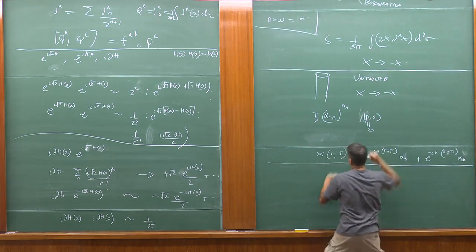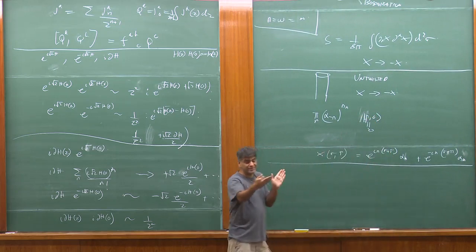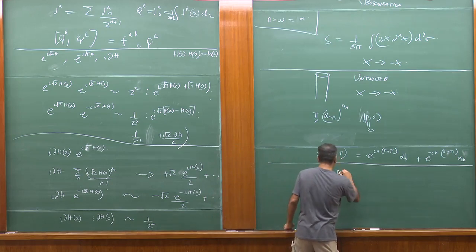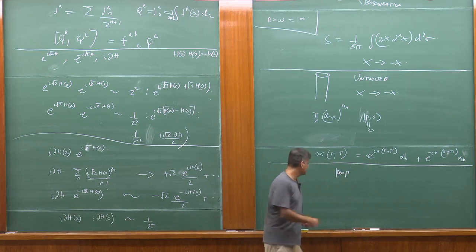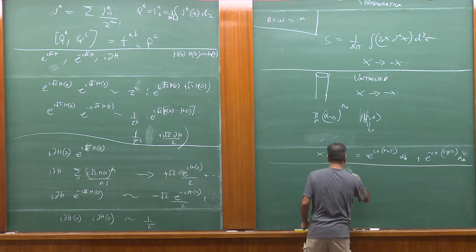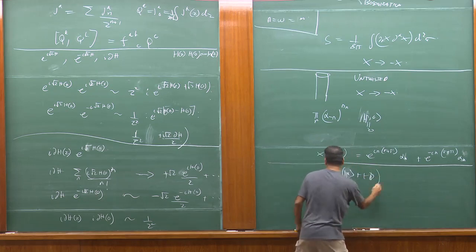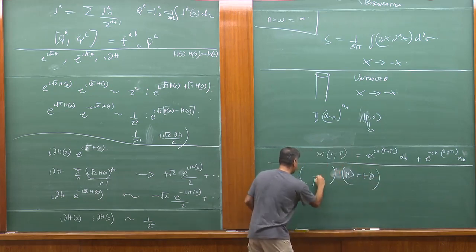As Harshal explained, the full untwisted sector is actually a sum of two things. You can have p plus minus p, and then times even.